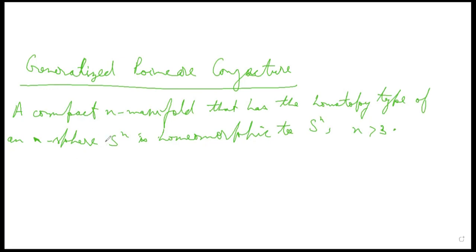So for n equal to 3, this gives a generalization of the Poincare conjecture, because if you have some manifold, some topological space, which has the homotopy type of an n-sphere, then of course the fundamental group of that space will be the same as that of the sphere, but the fundamental group of any sphere for n greater than 2 is trivial.